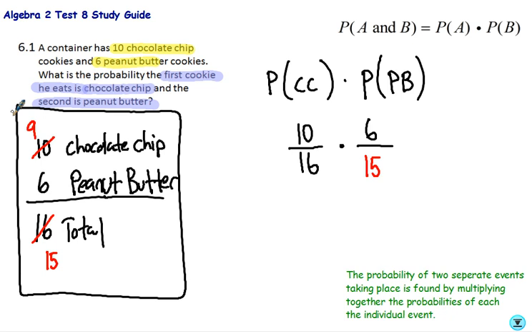So we're going to do some cross-canceling here. Doesn't matter where you start. 5 goes into 10 2 times, goes into 15 3 times. 6 we can divide by 2. And then we look to see if we can do any other canceling. And when you cross cancel, by the way, you can keep canceling, right?